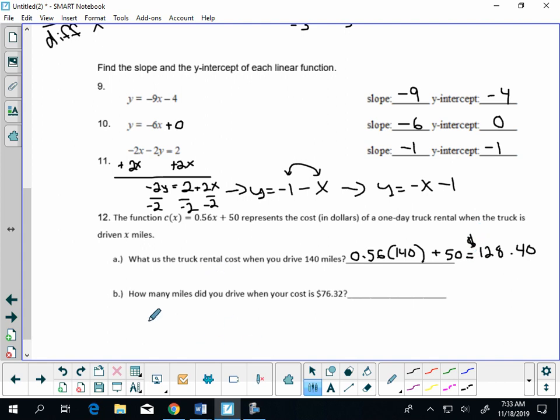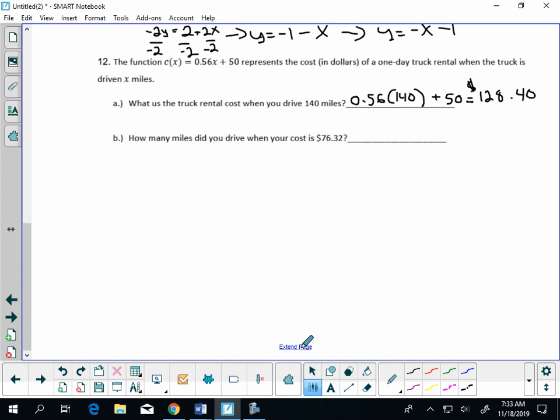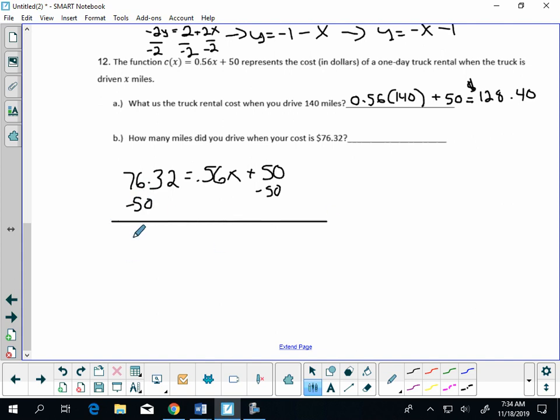For part B, how many miles did you drive when the cost is 76.32? Well, that's our cost. 76.32 equals 0.56x plus 50. Subtract 50 from both sides, and you get 26.32 equals 0.56x.